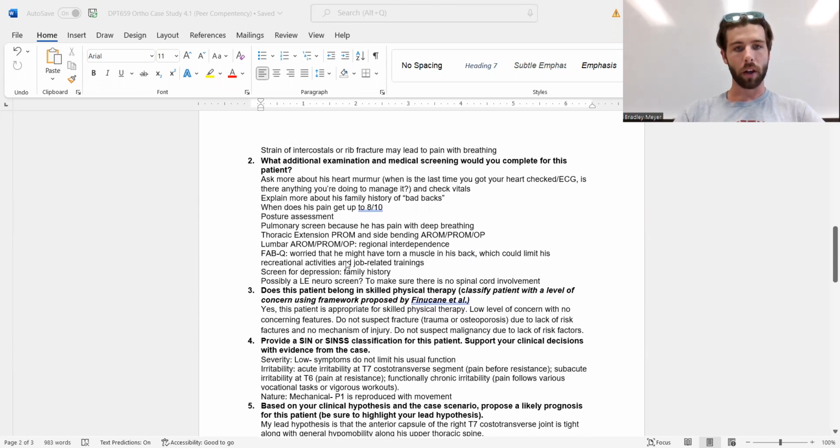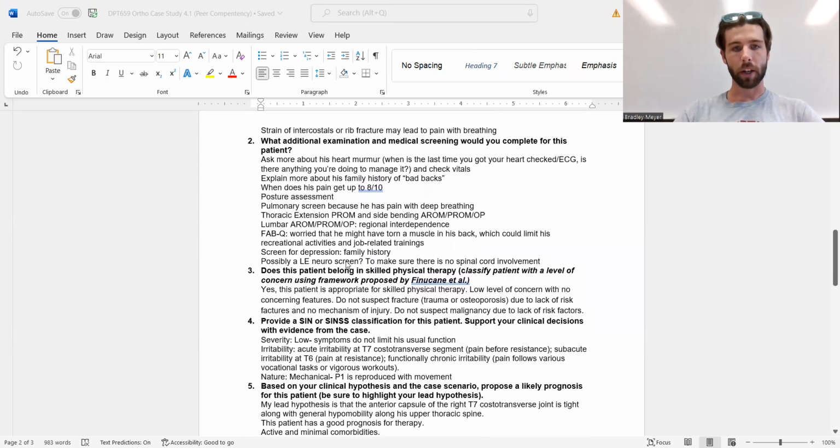Other examination that I'd want to do is a posture assessment to see if there's any malalignment throughout his spine, a pulmonary screen because he has pain with deep breathing. I'd want to do some more active range of motion, passive range of motion of the thoracic spine. So thoracic extension, passive range of motion, just to make sure that it's not any contractile tissue.